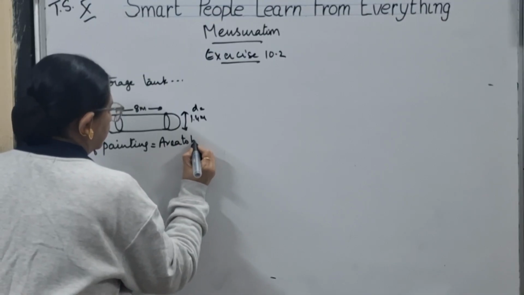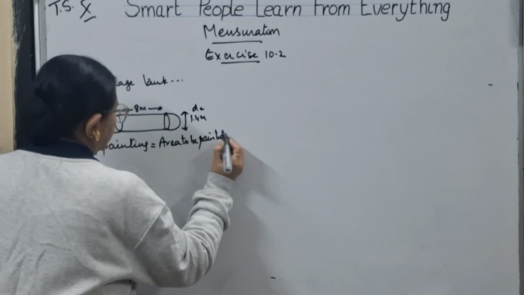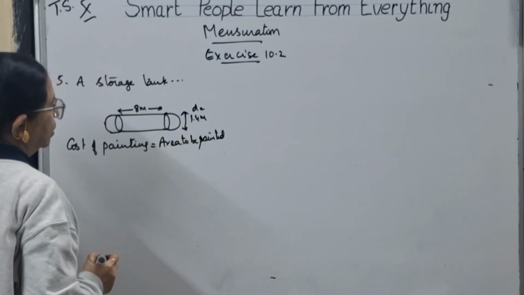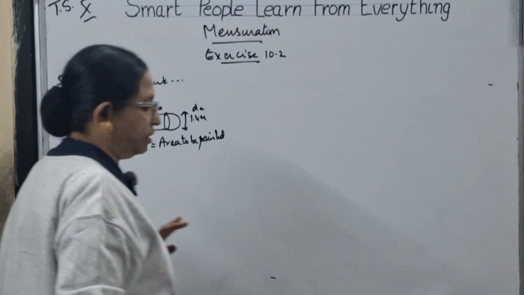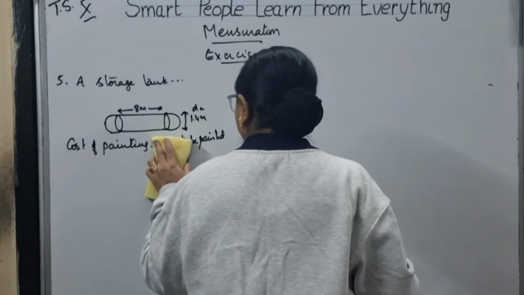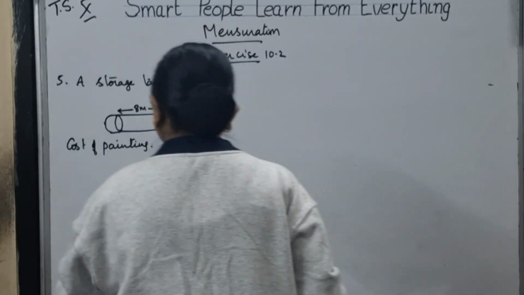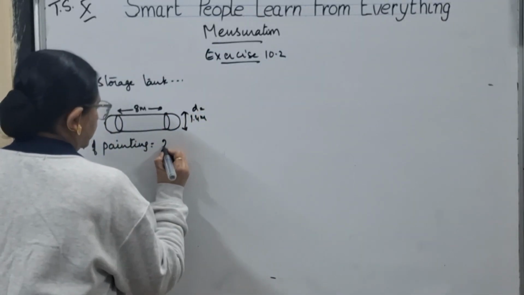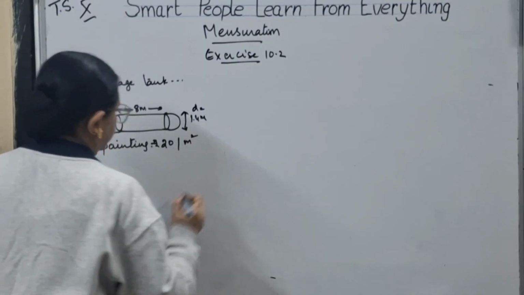the area to be painted. Cost of painting is how much they have given. First, let me write: cost of painting is equal to rupees 20 per square meter.